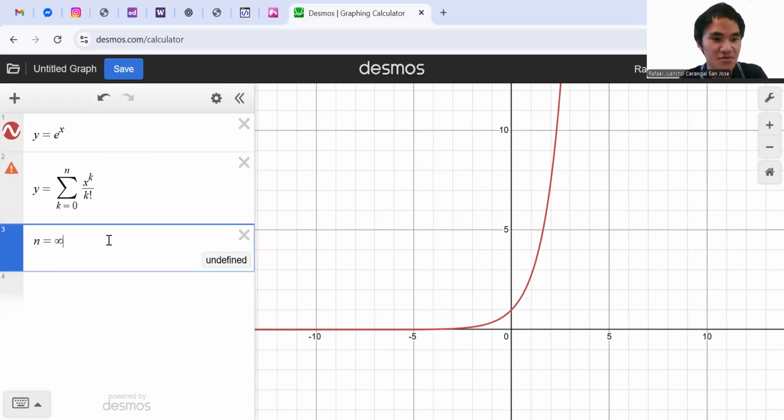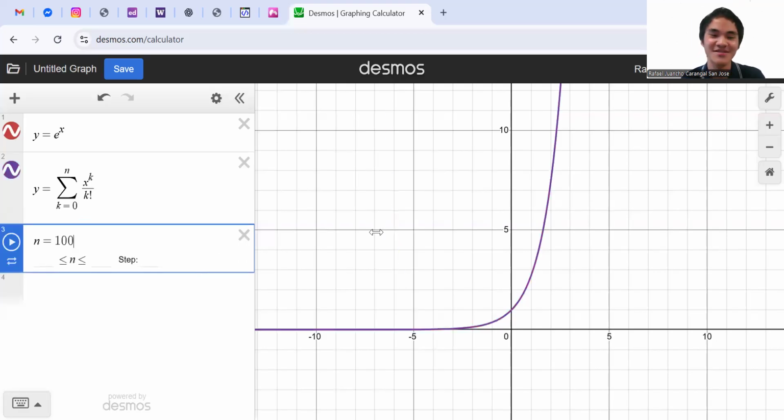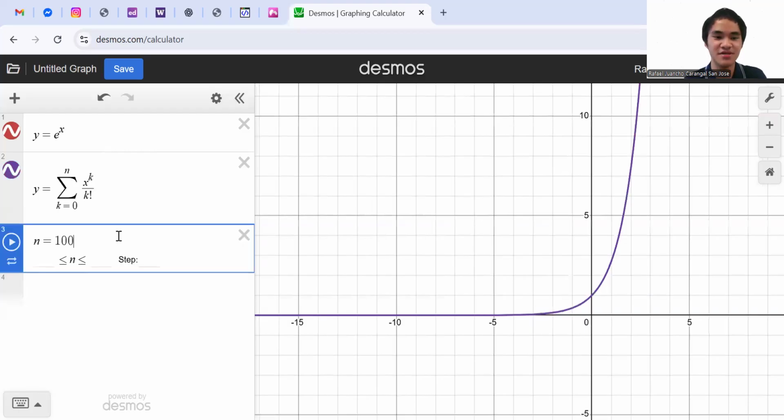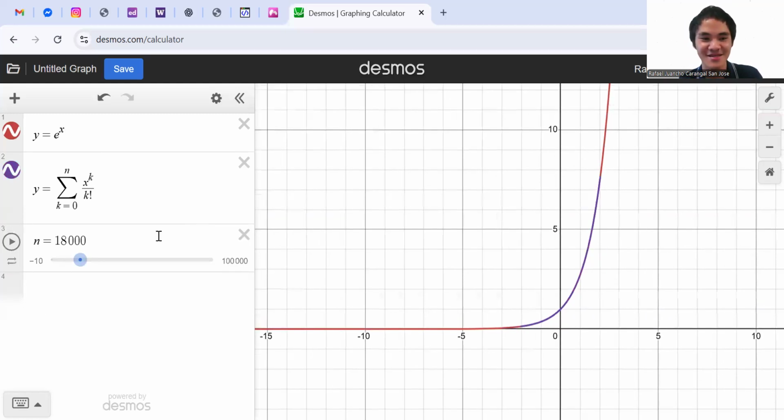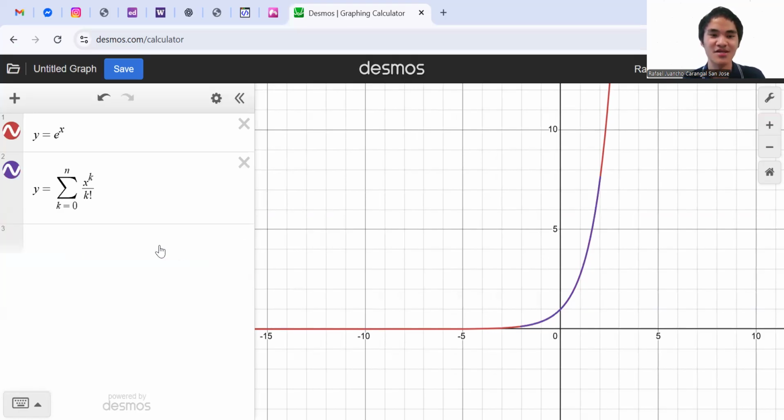No, it's undefined. Cool. 100. Yeah, so the bigger and bigger n that we have. Mm, it doesn't show. That's funny. I guess Desmos can't take it. Anyways, so that's the idea, right?